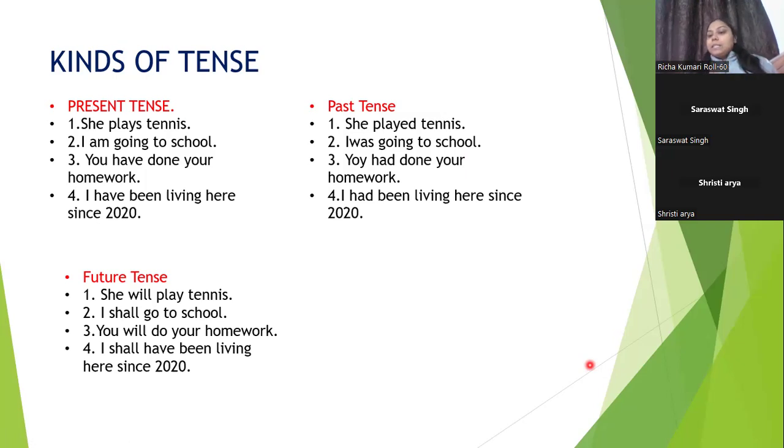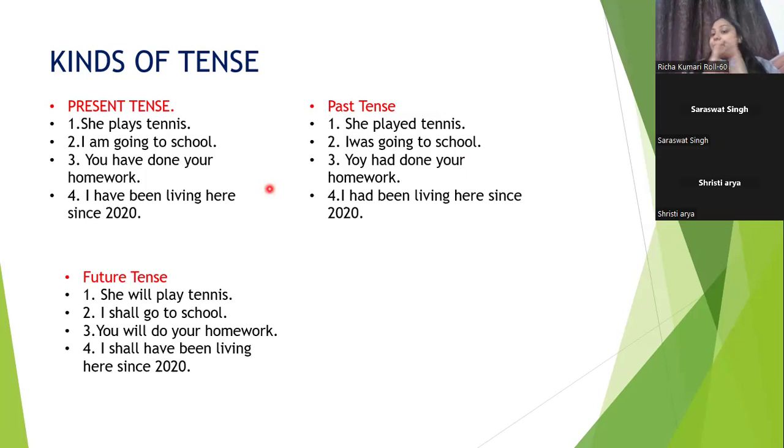सो दिस इज द डिफरेंस बिटवीन प्रेजेंट टेंस एंड पास्ट टेंस. अब बहुत ध्यान से दोनों को कंपेयर करो. ऐसा नहीं लग रहा कि सिर्फ वर्ब चेंज हो रहा है? देखो शी तो सेम ही है, टेनिस भी सेम है. व्हाट चेंज्ड? ओनली द वर्ब. प्ले्स था, प्लेड बन गया, राइट? एम गोइंग था, वॉज गोइंग बन गया. हैव डन था, हैड डन बन गया. हैव बीन लिविंग था, हैड बीन लिविंग बन गया. सिर्फ वर्ब ही तो चेंज हो रहा है, राइट? यस मैम.